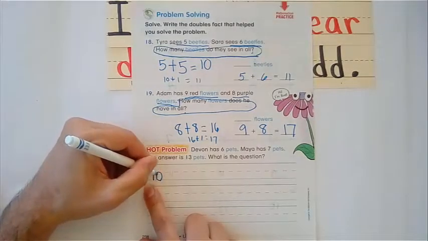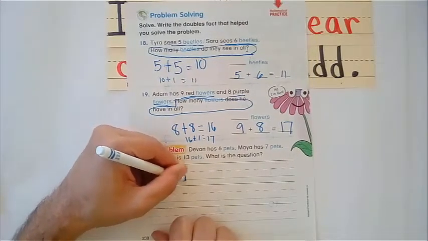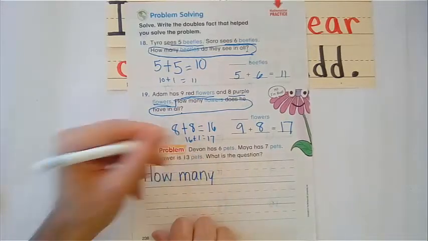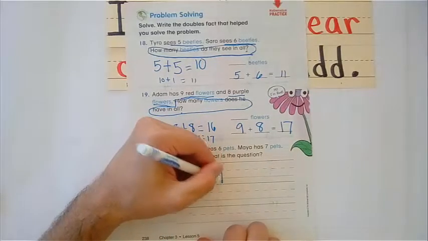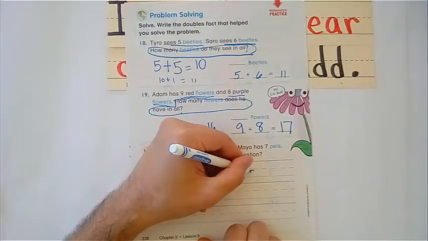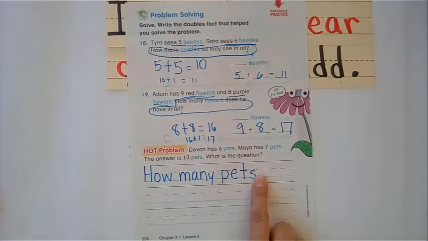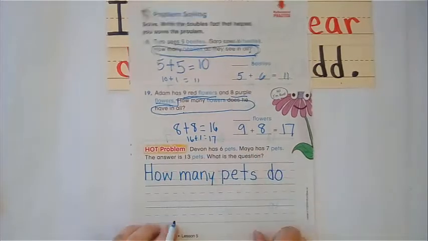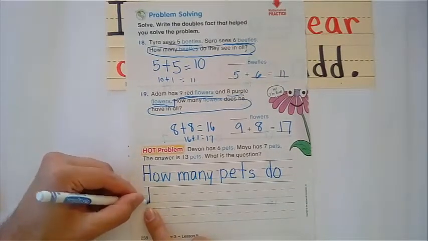And I'm going to ask it the question, so I'm going to start with uppercase H, and I say, how, finger space, many, finger space, pets, finger space, do. Now I can't fit the next word right there, so I'm going to go down here to they.